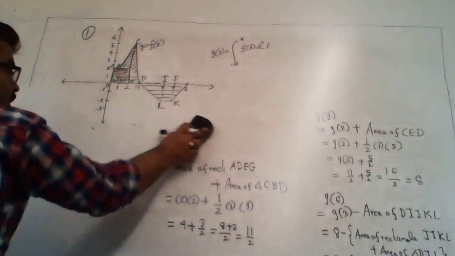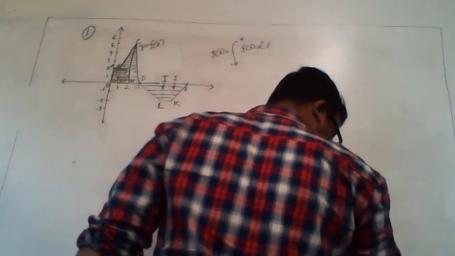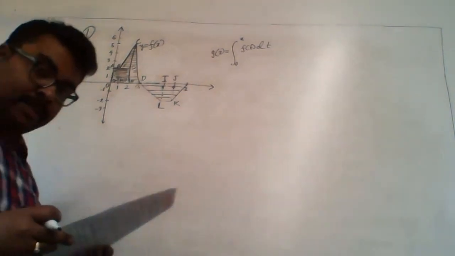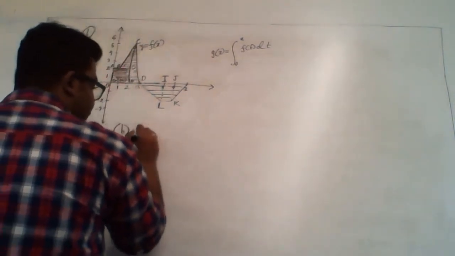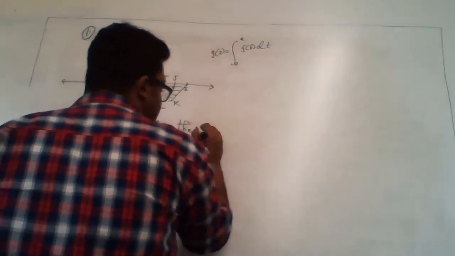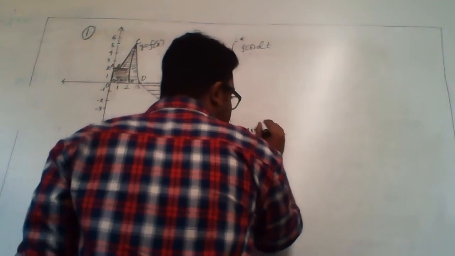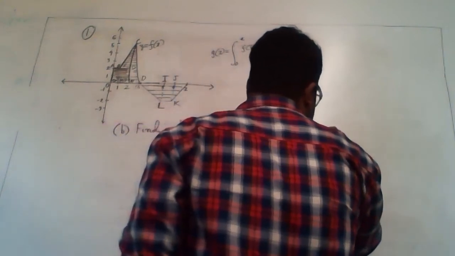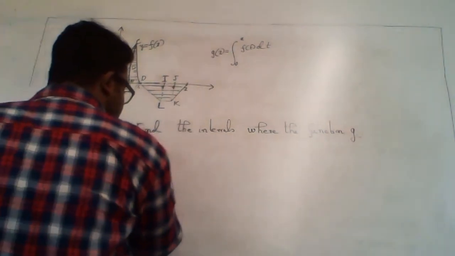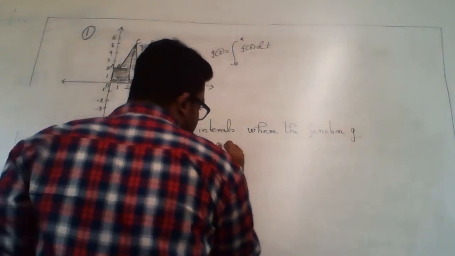So part B is: find the intervals where the function g is increasing and decreasing.